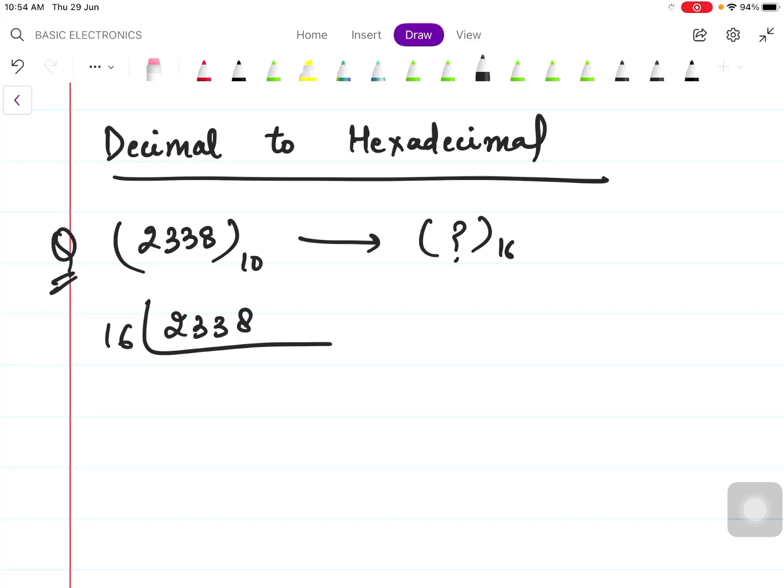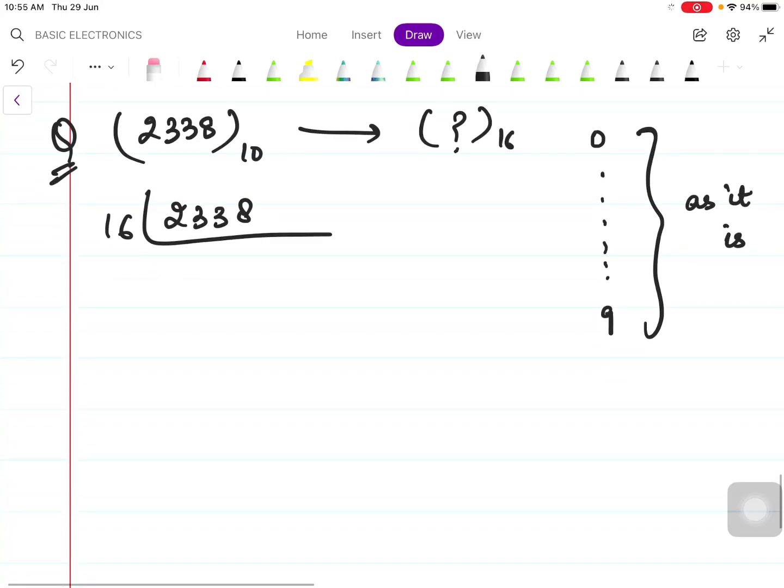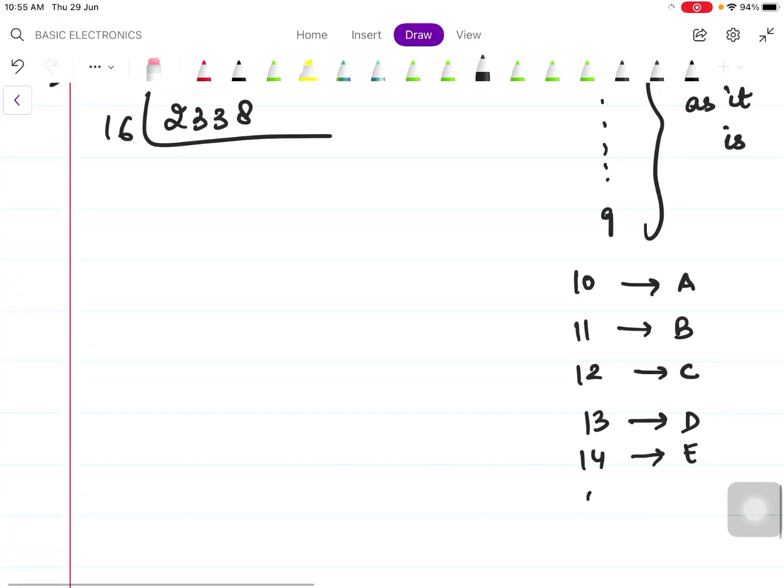That means you are able to represent numbers from 0 to 15 in hexadecimal number system. 0 to 9 will be represented as it is. But when you have 10 in hexadecimal, it is not represented as it is. In fact, 10 is represented as A, 11 as B, and finally 15 as F.